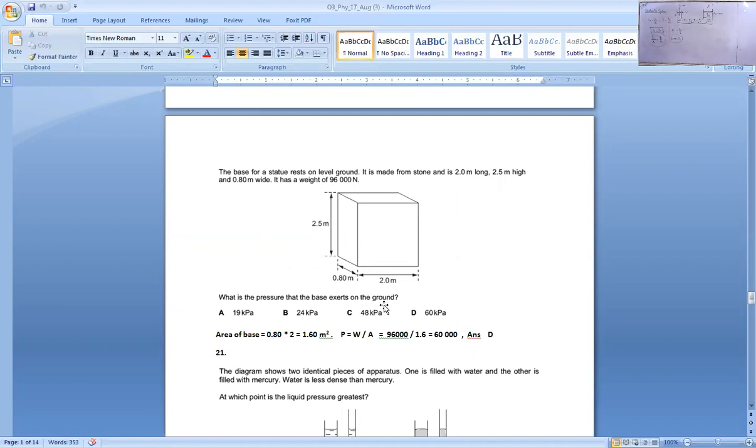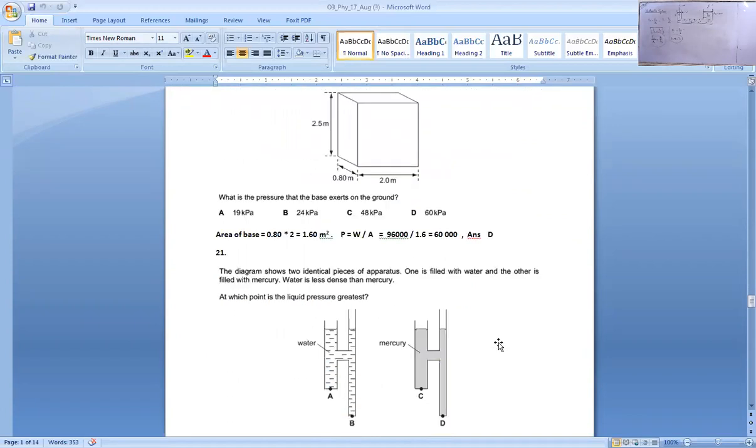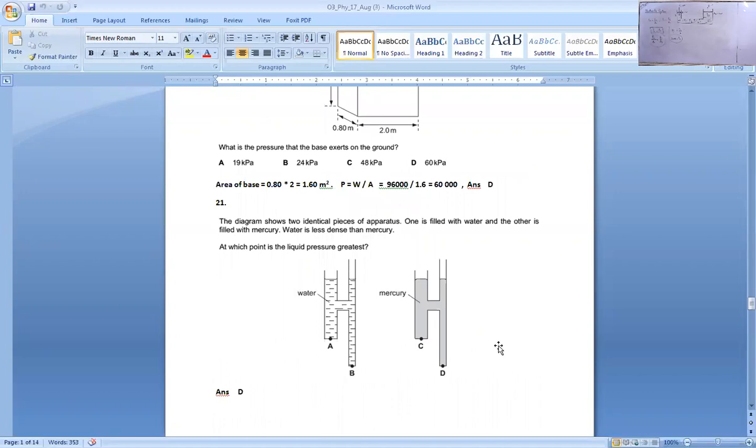Force means the weight of the statue, and the area of the base we have to calculate. So the area of the base will be 0.8 times 2, width times length, that is 1.6 meters squared. So the pressure comes out to be 96,000 divided by 1.6, that is 60,000 Pascal, means 60 kilopascal. Option is D.